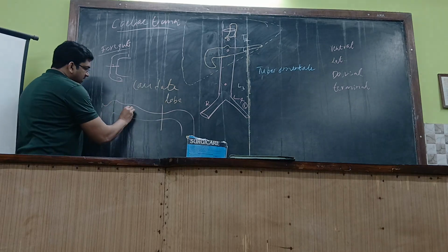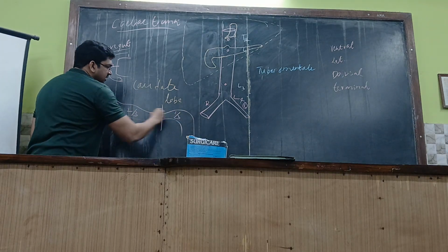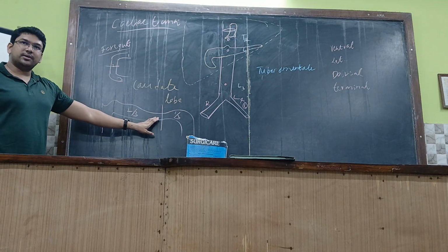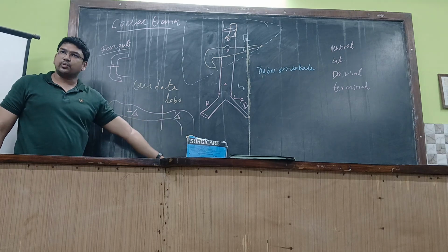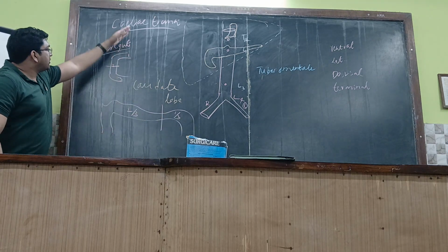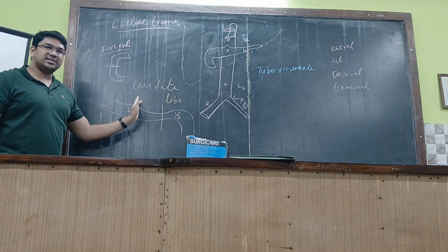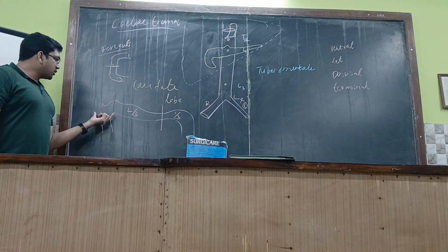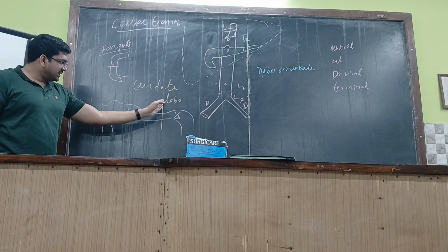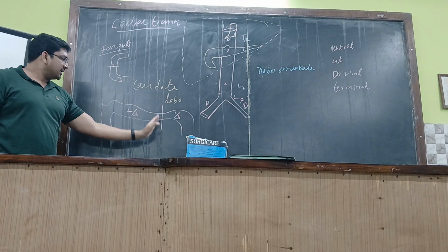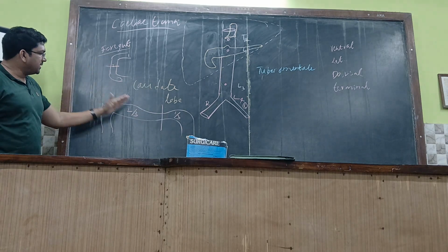The junction of the right 2/3 and left 1/3 of the transverse colon divides the midgut from the hindgut. Could you understand? Till this part is the midgut.